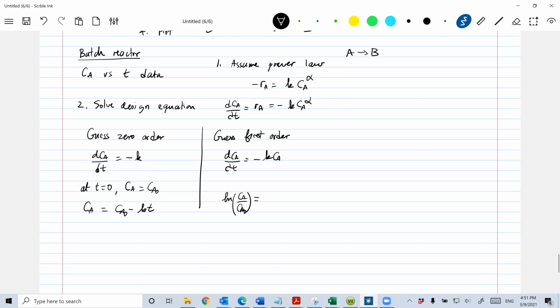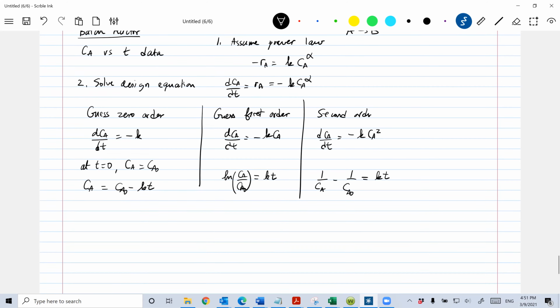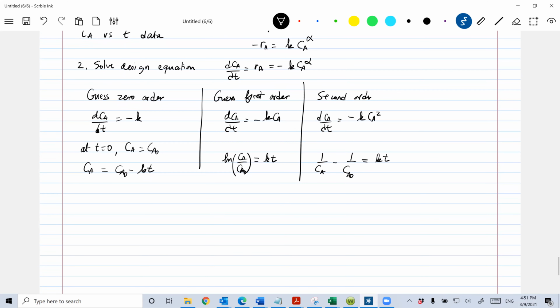I flipped the signs. And if you have second order, it becomes 1 over C_A minus 1 over C_A0 equals kt. So you can plot these forms to calculate k, and if they're plotted in a straight line, then you can calculate k.